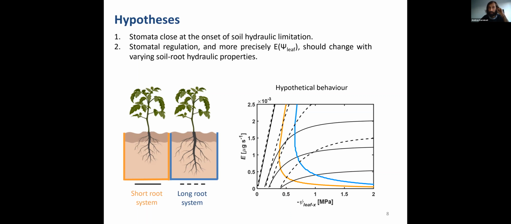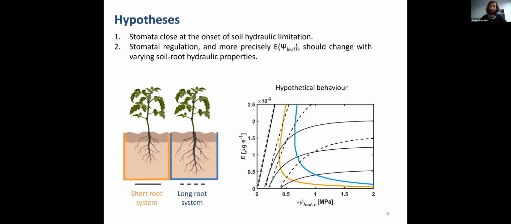So the plant with the short root system, shown here in the solid line, has a more marked non-linearity. Let's say at the same soil water potential, let's take this value, a plant with a short root system will deviate very quickly from the non-linearity, while a plant with a longer root system can sustain transpiration longer, simply because you average the transpirative fluxes over a larger surface area.